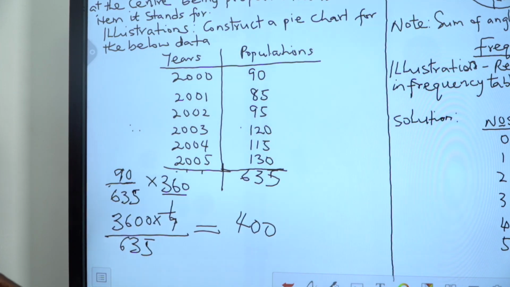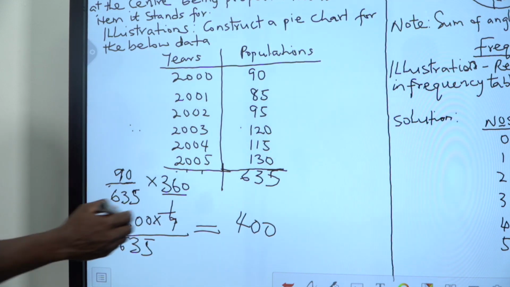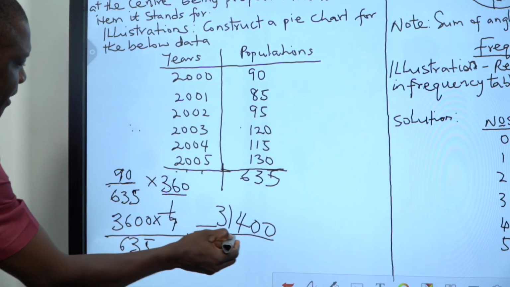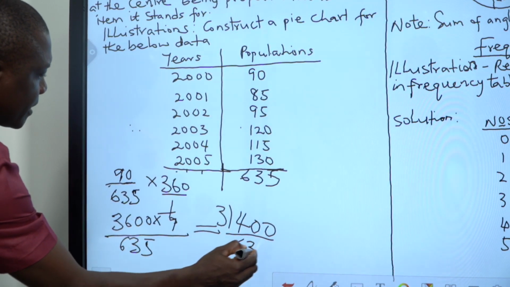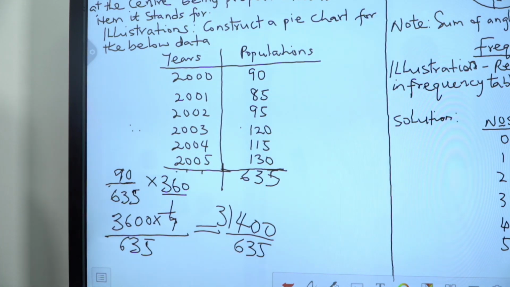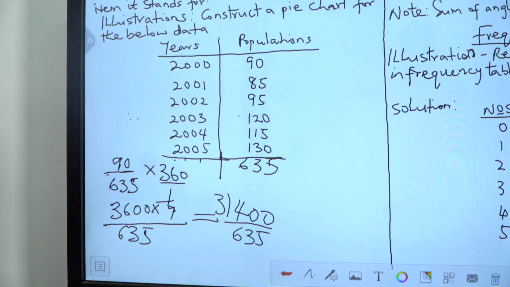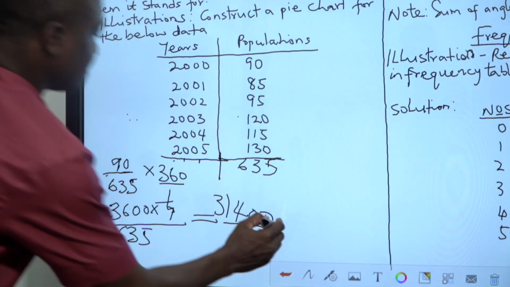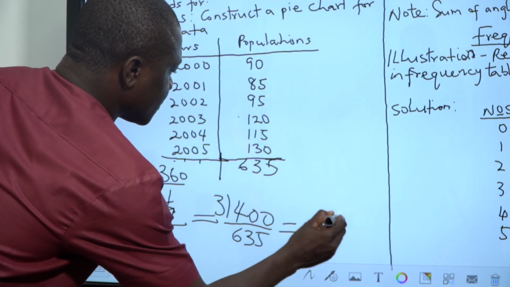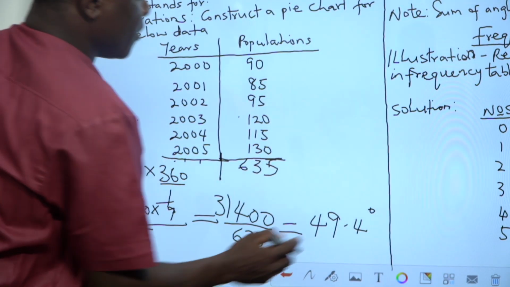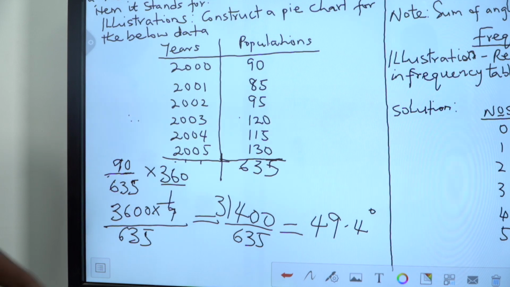We now write 4, carry 5. 9 times 3 is 27 plus 5 will give us 32. 32 divided by 6 gives 5, and we have 49.4. 49.4 degrees will be the sectorial angle for 2000.